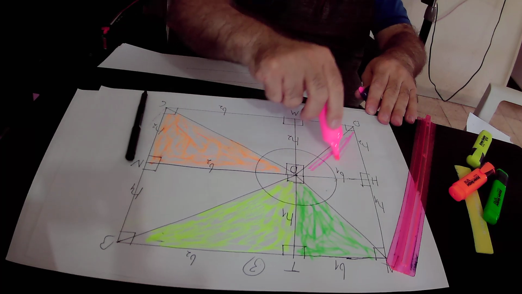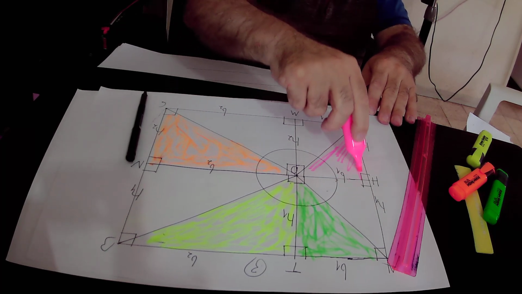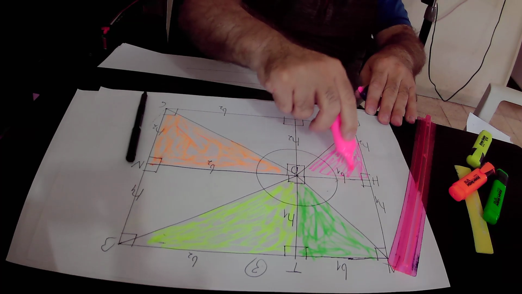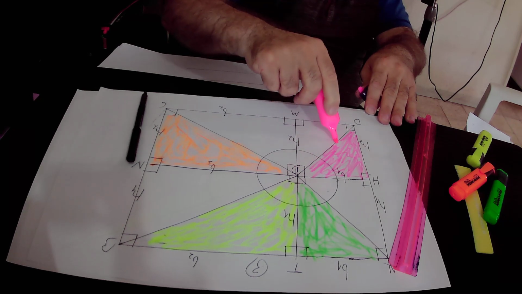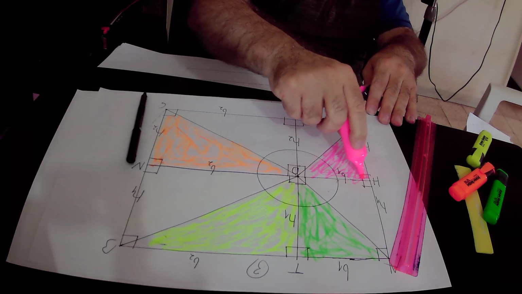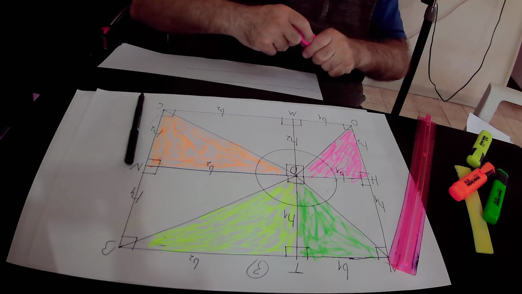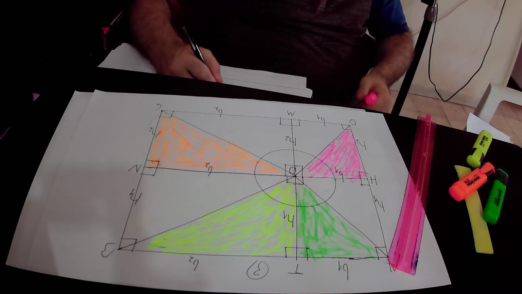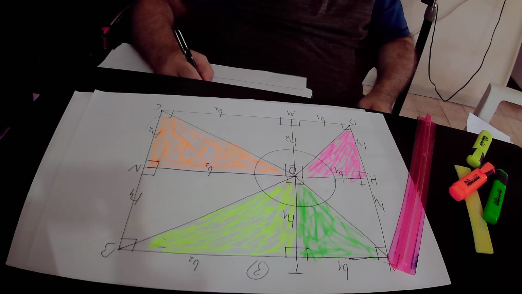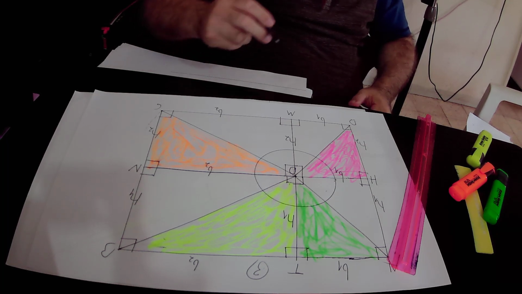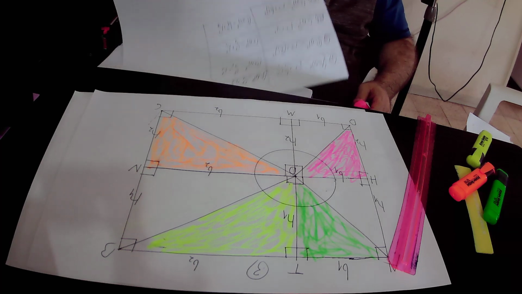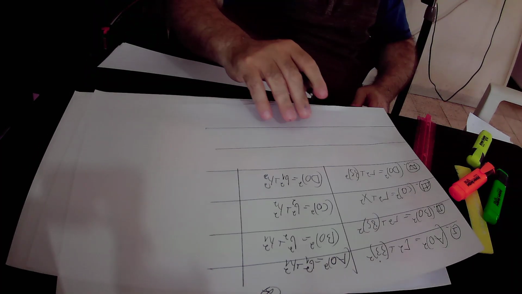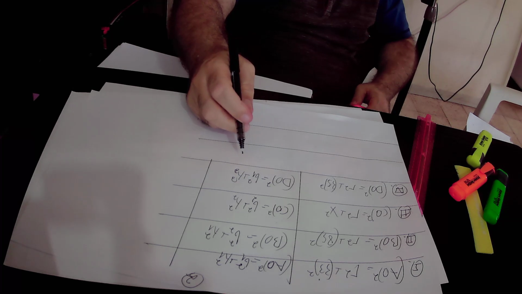In the right pink triangle ODH, according to the Pythagoras theorem, we get that DO square equals B1 square plus H2 square. Repeat again, in the right pink triangle DOH, DO square equals B1 square plus H2 square.